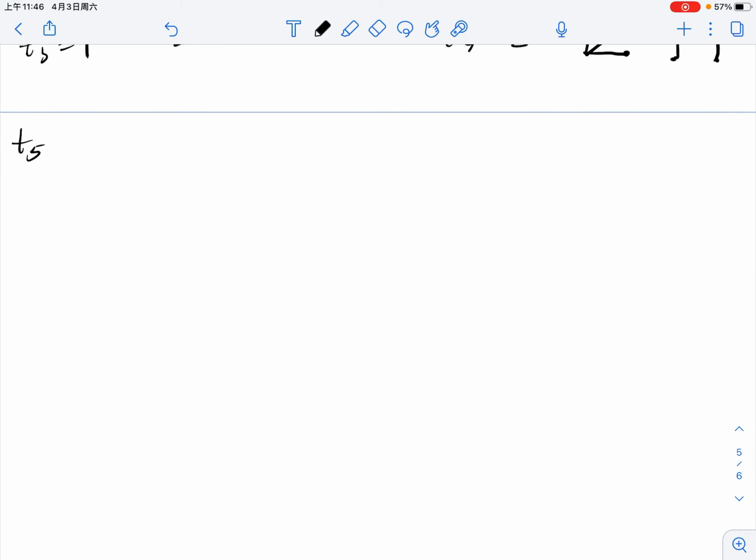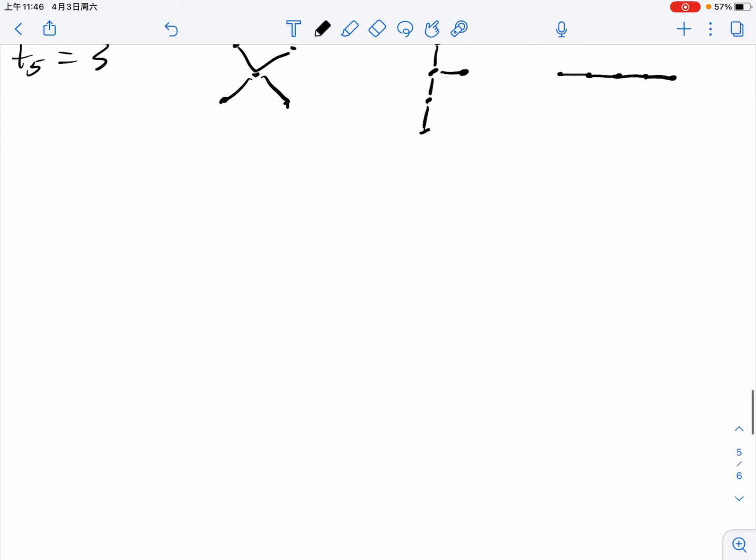And then for T5, you have the following 3 choices. Okay, for 6, you have six choices as follows.